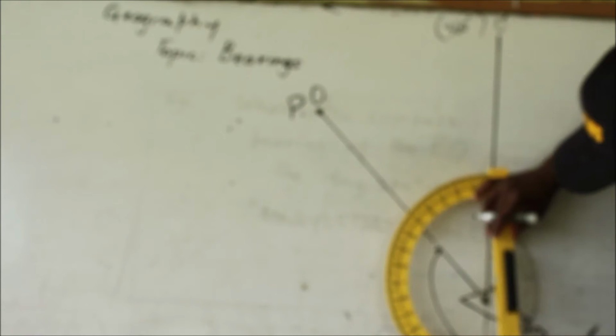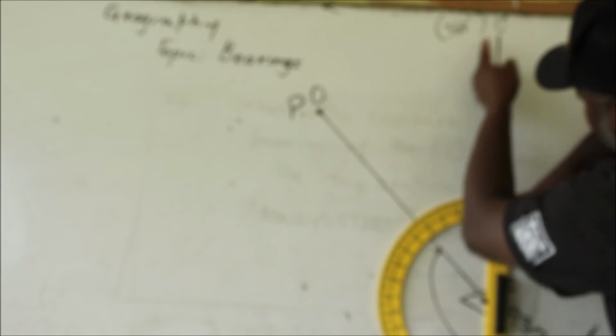So we now want to find out what is the angle that is created here. We already know that the angle that is here is 180 degrees. We want to know what's the angle here. Since it's 180 already, we turn our protractor so that we can see the 180 number here.